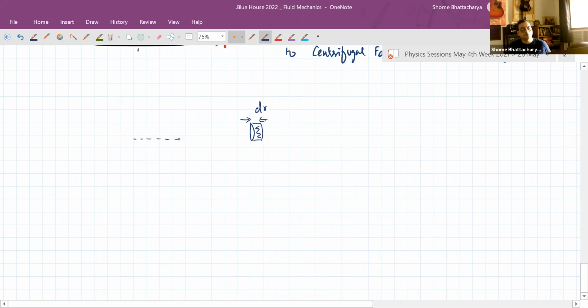So in the rotating frame, at a distance r from the axis of rotation, on this volume element, there will be centrifugal force, which will be equal to dm, because its mass is very small.